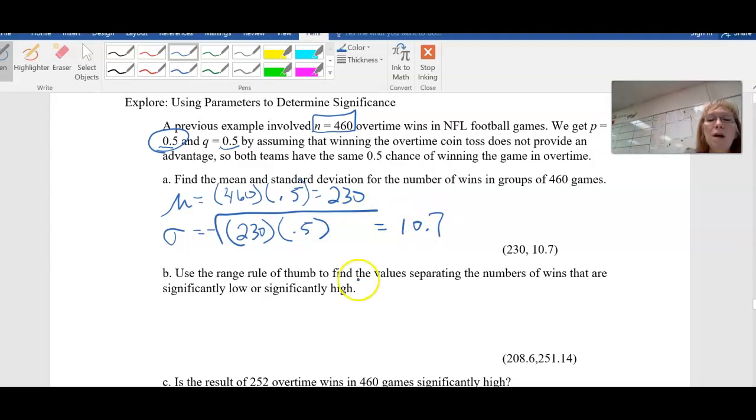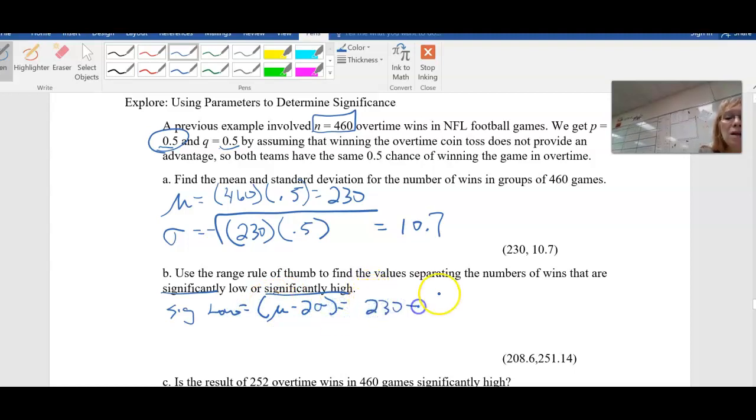Range rule of thumb. We want to know what separates the number of wins that are significantly low and high. So below 2 standard deviations and above 2 standard deviations. Let's do significantly low first. That is the mean minus 2 standard deviations, correct? Our mean is 230 minus 2 times our standard deviation, which gives us 208.6.